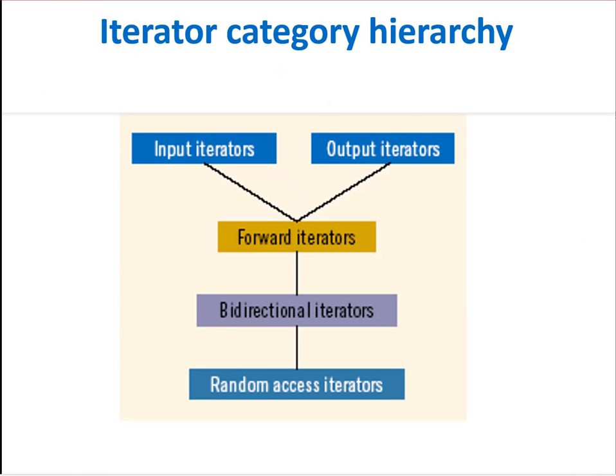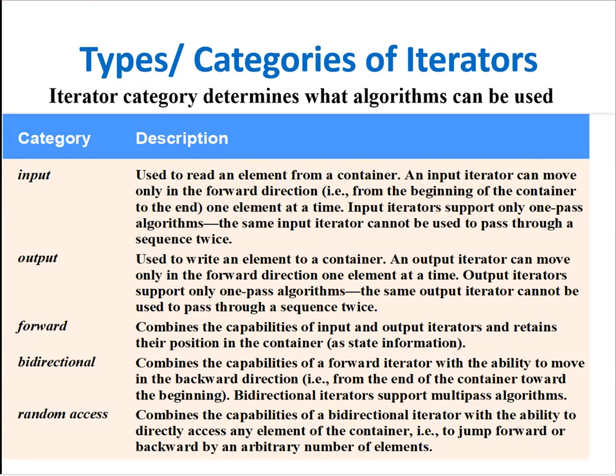This is the iterator category hierarchy: input and output iterator functionality is combined and supported by the forward iterator, all functionality supported by the forward iterator is supported by the bidirectional iterator, and whatever functionality is supported by the bidirectional iterator is supported by the random access iterator. These are the five types of iterator categories: input, output, forward, bidirectional, random access.